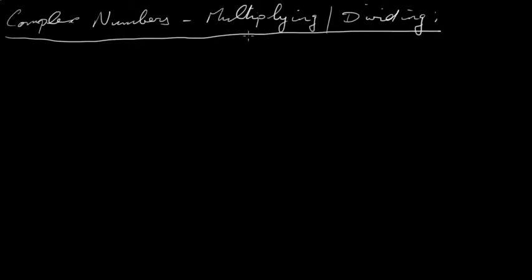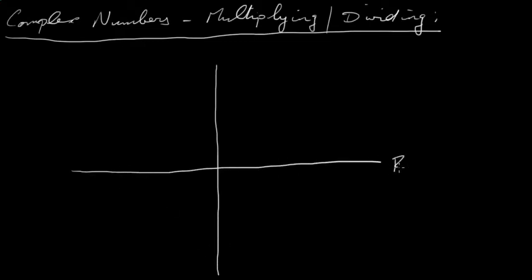minus i. So if we take, again, the complex plane here, the real axis and the imaginary axis, we'll go 1, 2, 3, 4, 5, and again -1, -2, -3, -4, -5 in that direction.